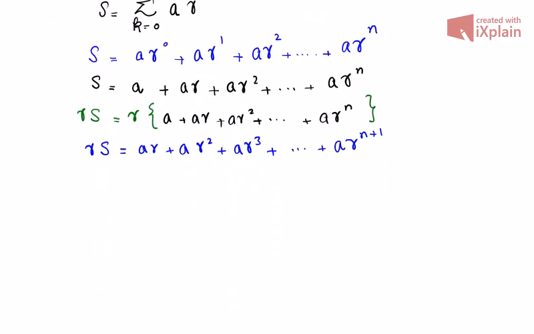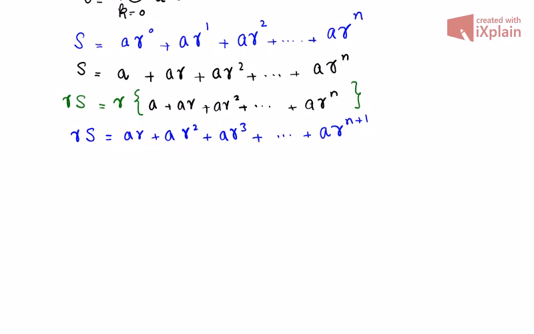Now concentrate on these two equations, this one and this one, and from these two let me find S minus rS, which is equation number 2 subtracted from 1. If you subtract the second equation from the first one, let me rewrite both of these equations.